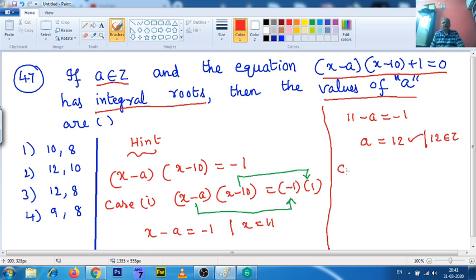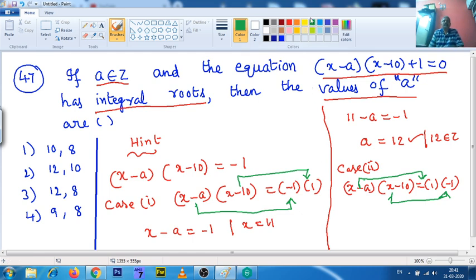Now let us come to case 2. In case 2, (x minus a)(x minus 10) can be written as 1 into minus 1. Am I correct now? Okay. So here x minus a equals 1 and x minus 10 is equal to minus 1.